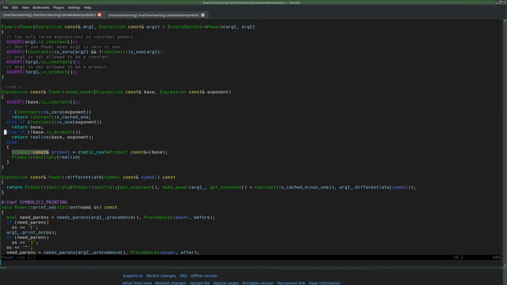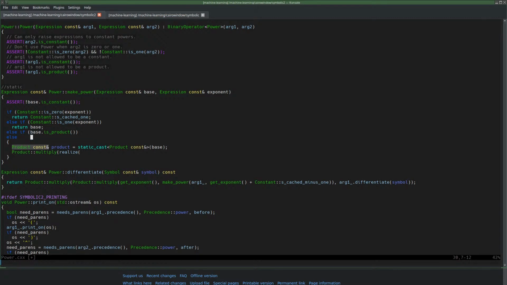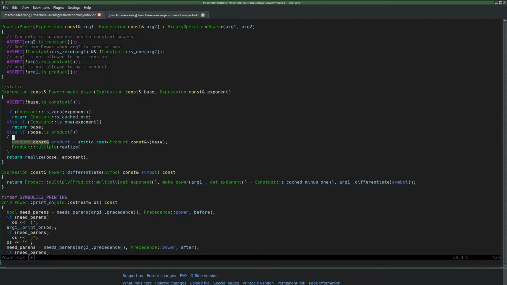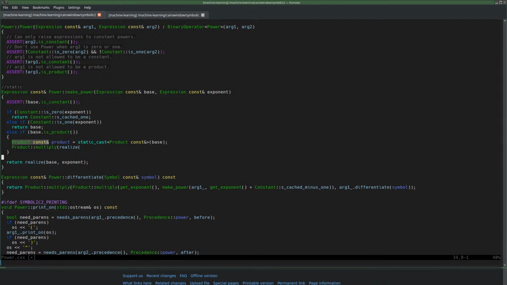Maybe turn it around. So if base is a product, then I cast it to a product.